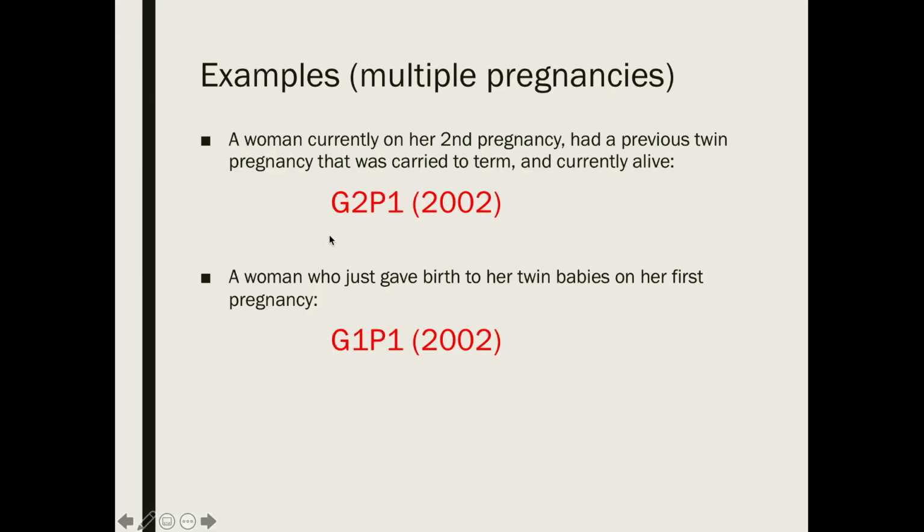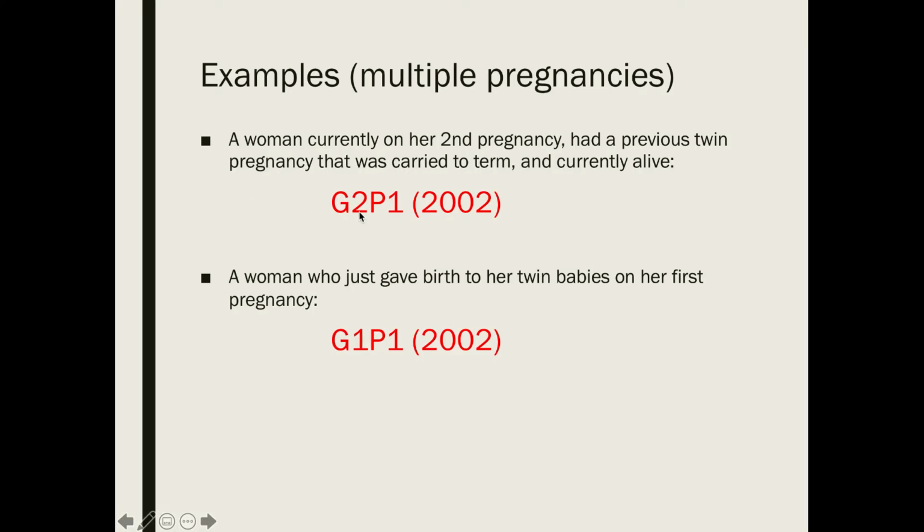So remember a few slides back, I told you that twin pregnancy or higher order multiple pregnancies will not be counted in the gravidity parity. So, one twin pregnancy would mean one gravidity and one parity. Okay, we will only count the multiple pregnancies in the FPAL denotation.